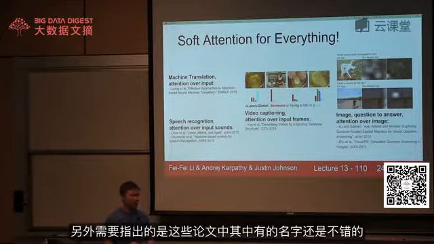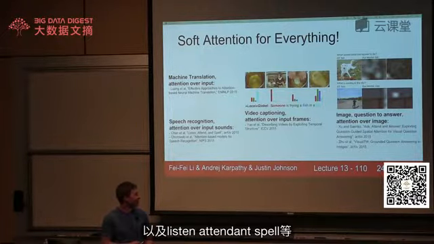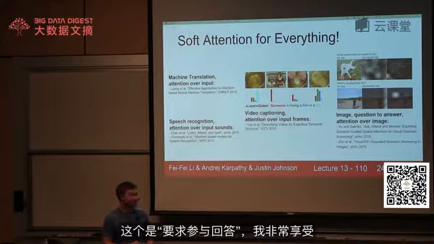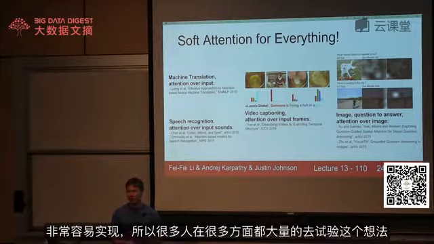Another thing to point out is that some of these papers have great names. So there was show and tell, there was show attend and tell, there was listen, attend, and spell, and this one is ask, attend, and answer. So I really enjoy the creativity with naming on this line of work. And this idea of soft attention is pretty easy to implement, so a lot of people have just applied it to tons of tasks.